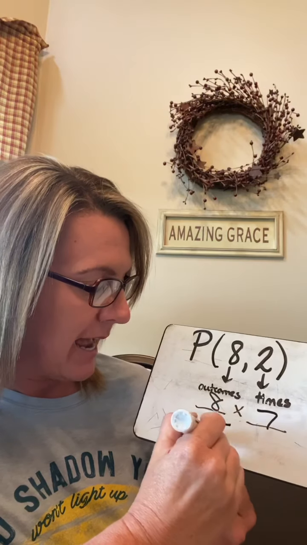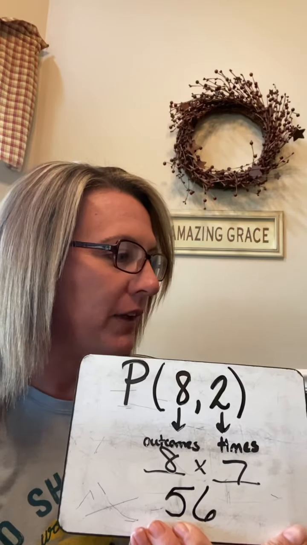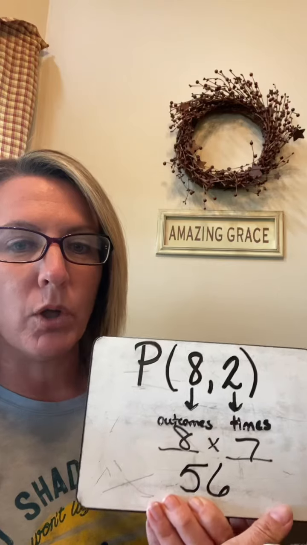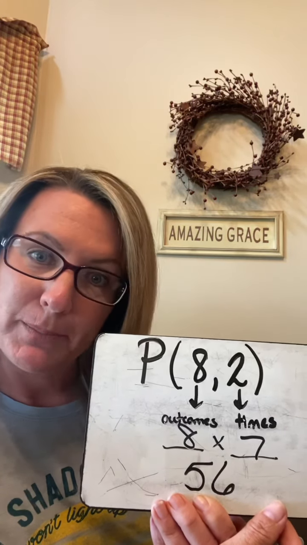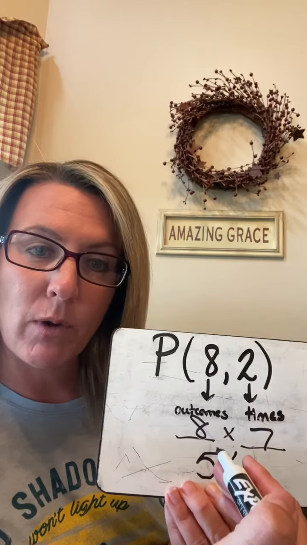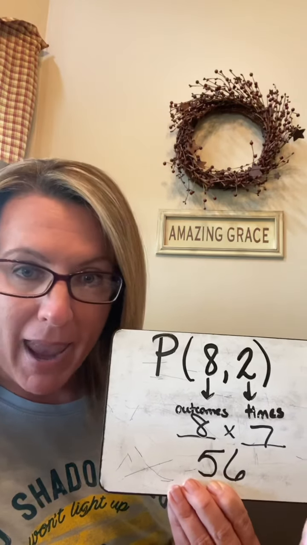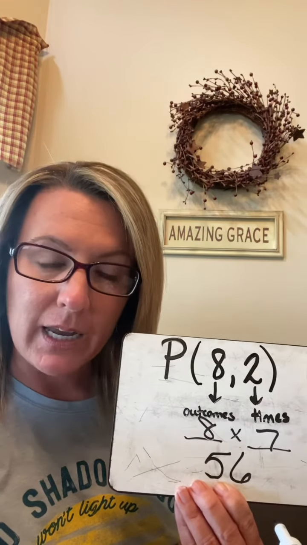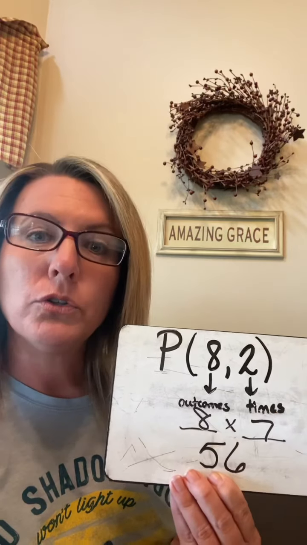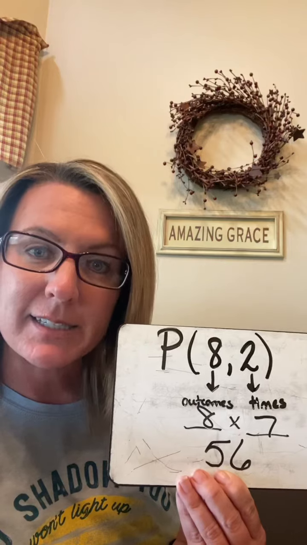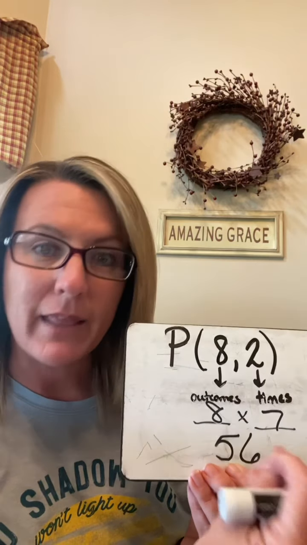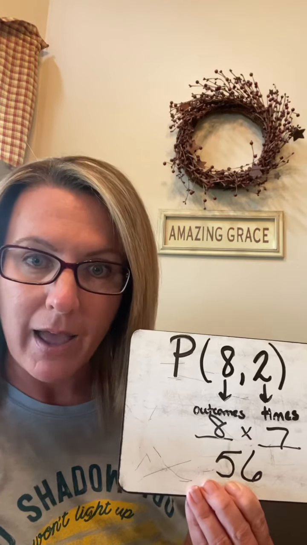So we would say that there are 56 different possible arrangements in this specific situation. Okay, now we don't know what this 8 represents. It doesn't matter. But if we have 8 things and we're going to pull 2 different times, there's 56 different possible ways that could happen with 8 different items. Okay?